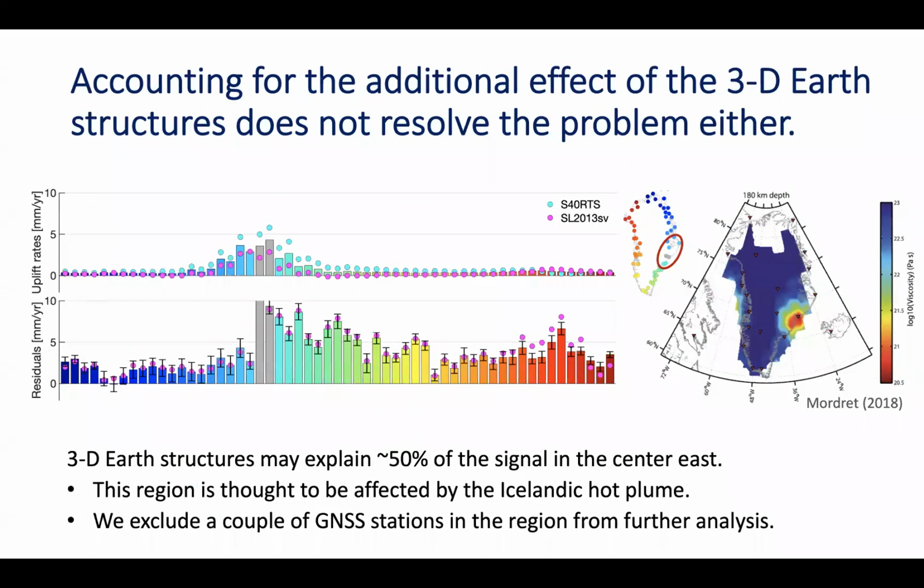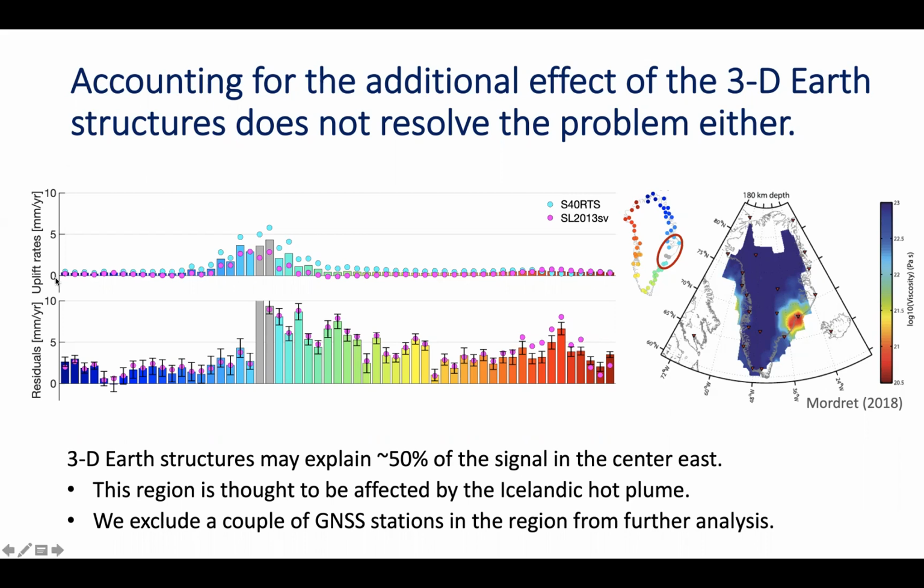And we also conducted some experiments to answer the question of whether it is the three-dimensional Earth structure that can mask some of the residual. And the answer is generally no. Here again, I plot the residual signal that requires further explanation. And on the upper panel, I show a couple of representative three-dimensional Earth model predictions in response to the post-Little Ice Age deglaciation sequence, which I introduced in my previous slide.